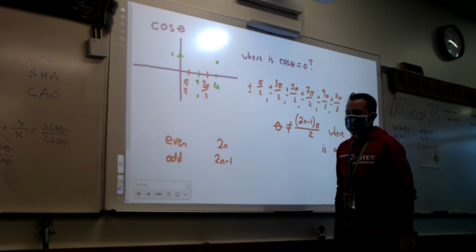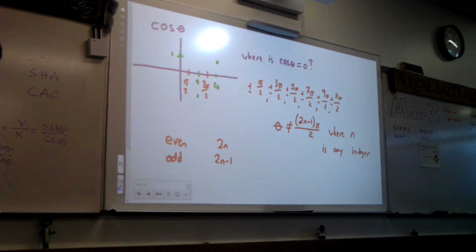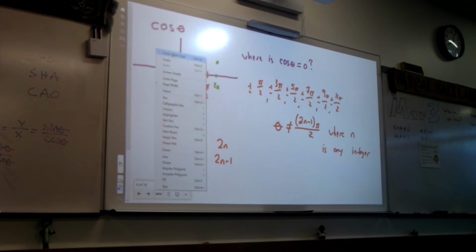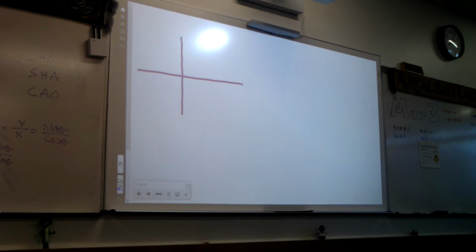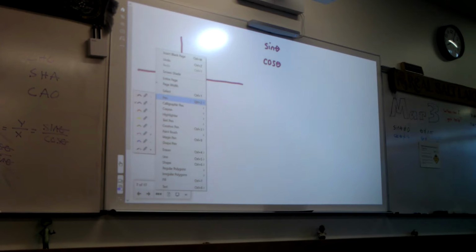We're going to do one more, and then we're going to get to the good stuff, because you're like, this sucks. And maybe you're right, but let's hang in there with me. What if both sine and cosine are in the denominator? We're just going to do this together real quick. So what if sine and cosine, where are they both equal to 0? Well, you guys have told me about sine.